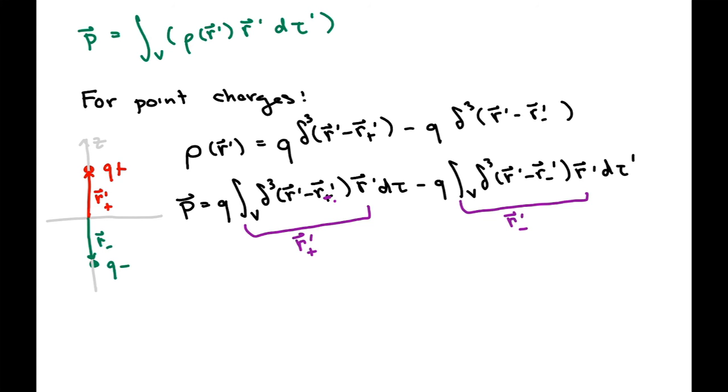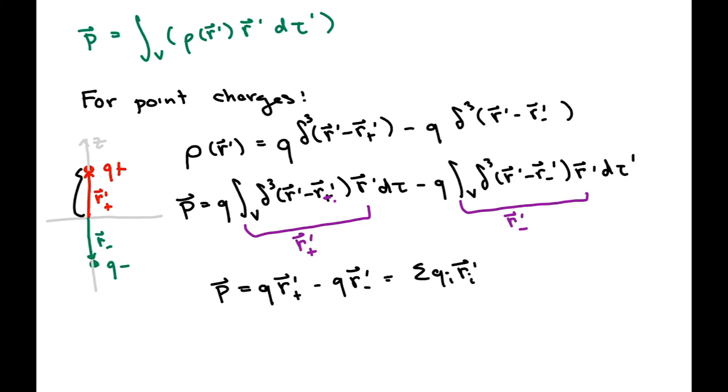And so when I write it all out, I get that the dipole moment is equal to q times r prime plus minus q times r prime minus. This is the same thing as doing the sum of each of those charges times their position vector.